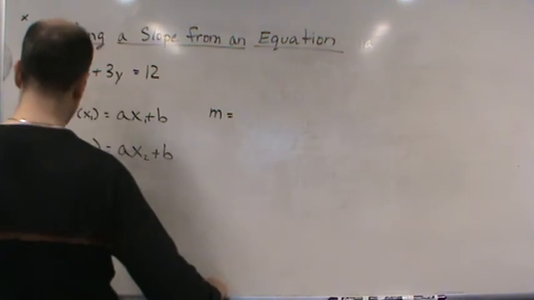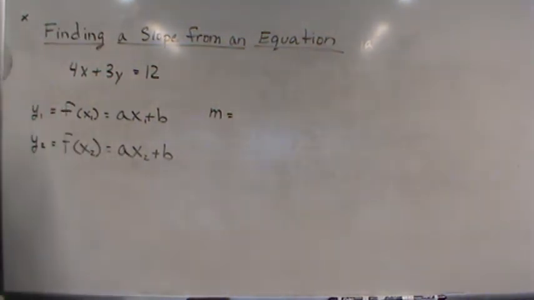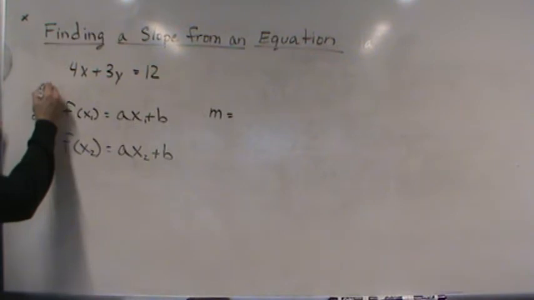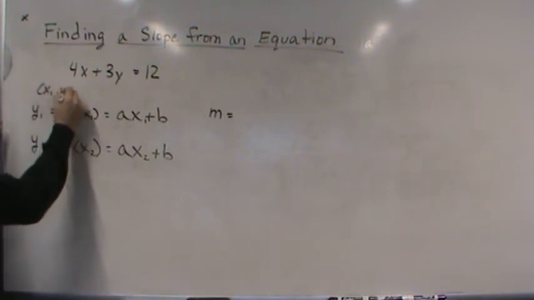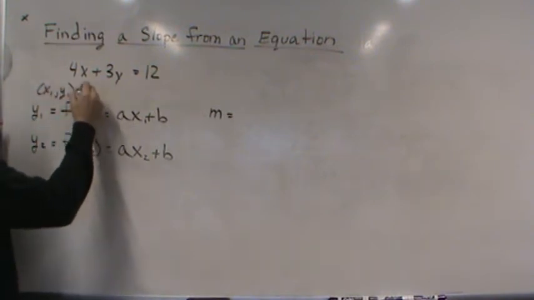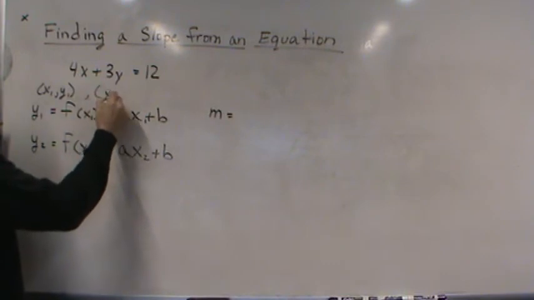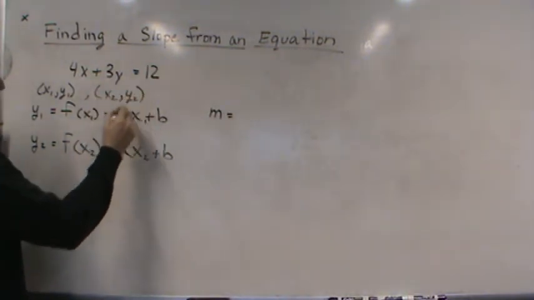Okay, so in this case here, these are 2 points on the line, right? So we have a line, and let's say these are the 2 points on the line: x1, y1, and x2, y2.